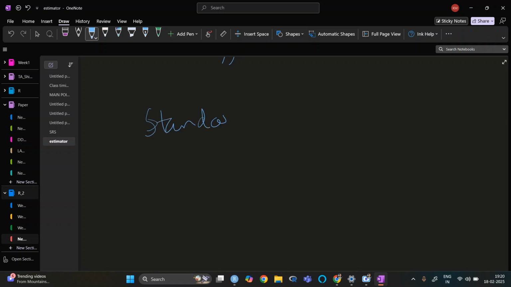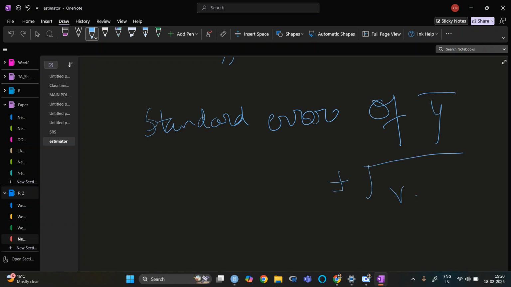So, standard error of y bar. We can define it as plus minus the square root of the variance estimate of y bar.